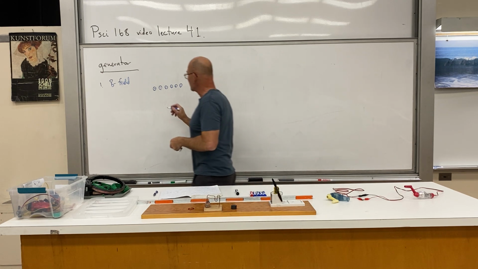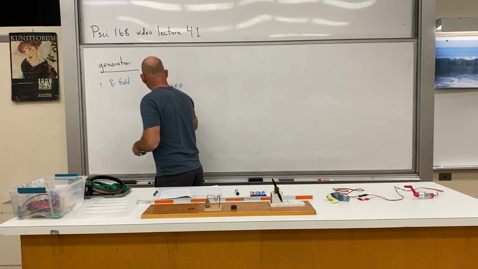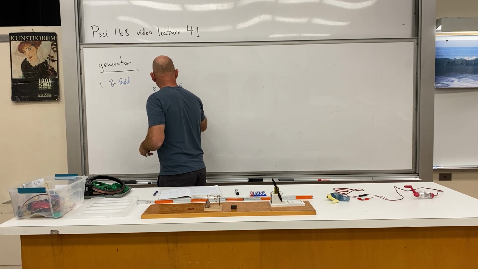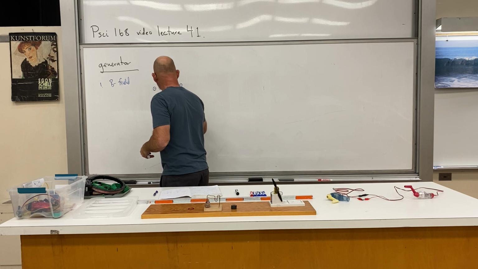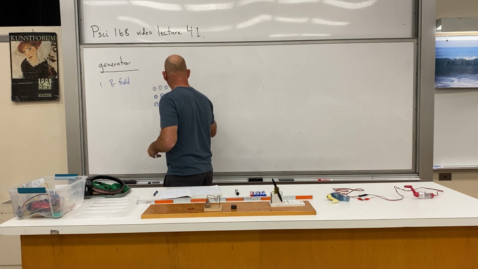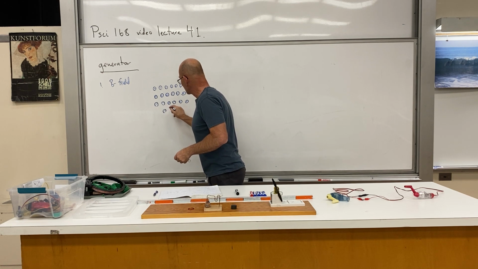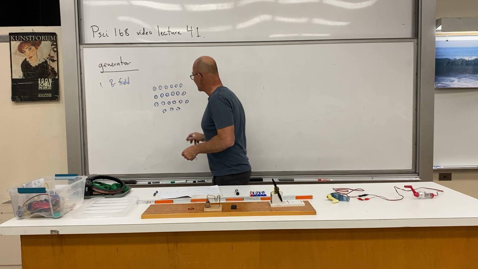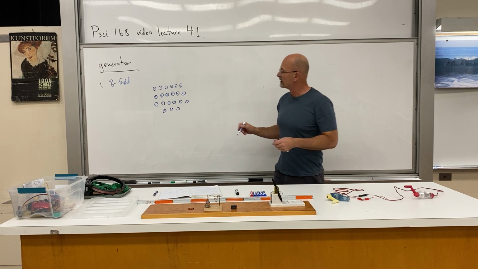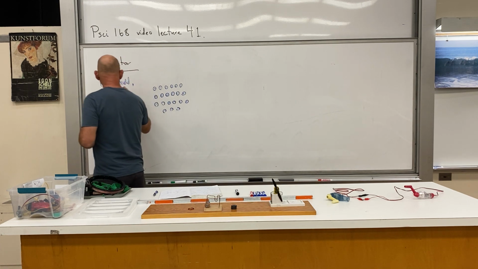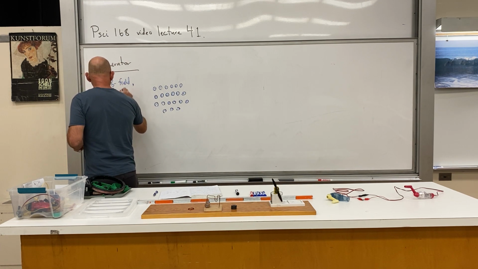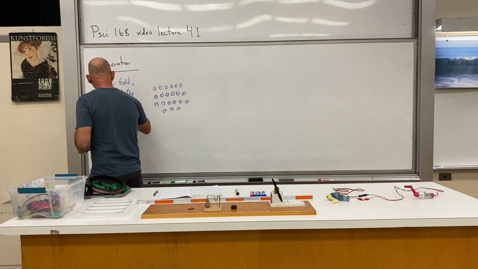So that's what these are, and this is our magnetic field. You can't see it, you can't feel it. Can't draw too many of these, but a couple's good to have. So B field, out of the board.